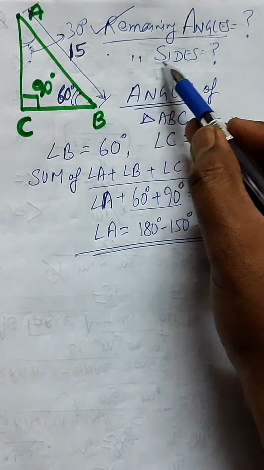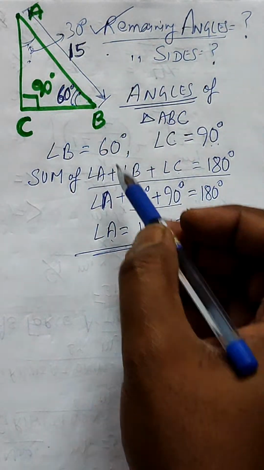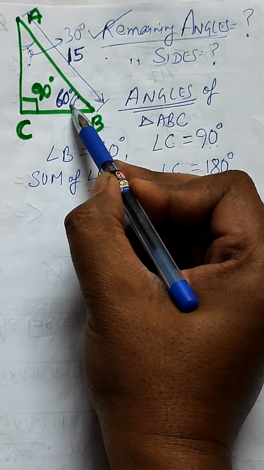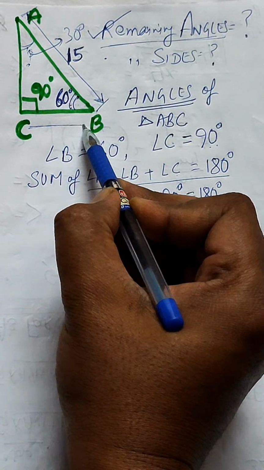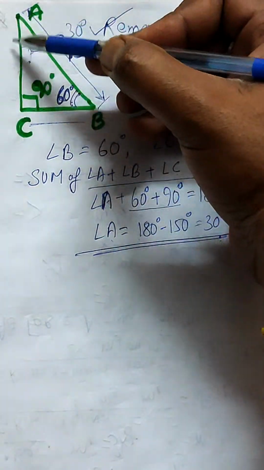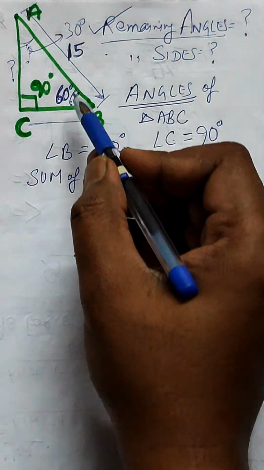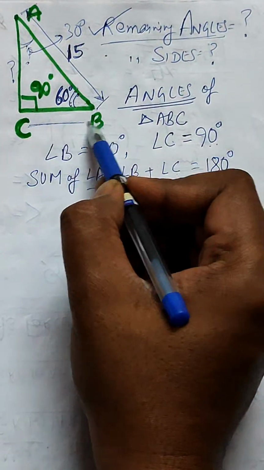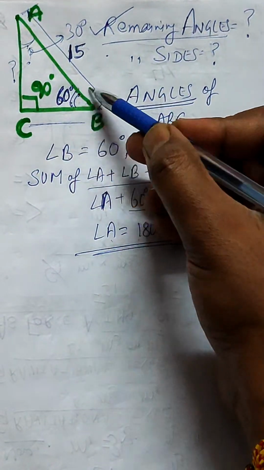And what are the remaining sides? For calculating the remaining sides, we will be using one trigonometrical ratio to calculate BC, this one, and another trigonometrical ratio to calculate the length of AC, this one, right? So what is the relation between BC and AB?